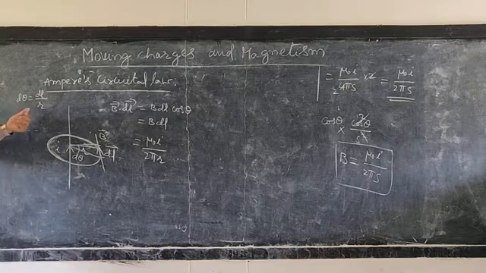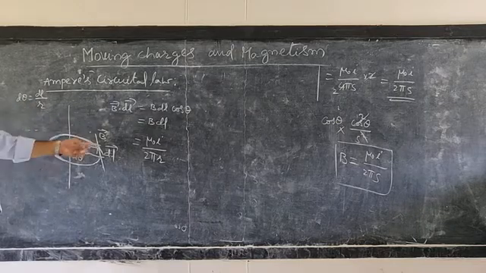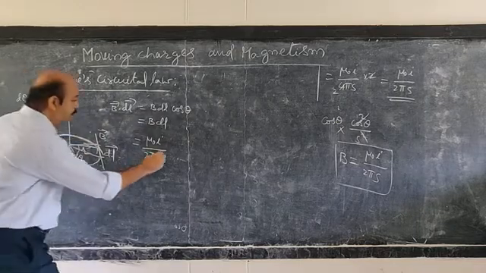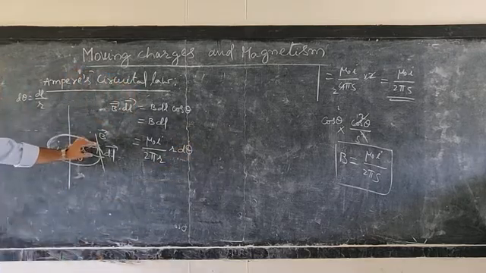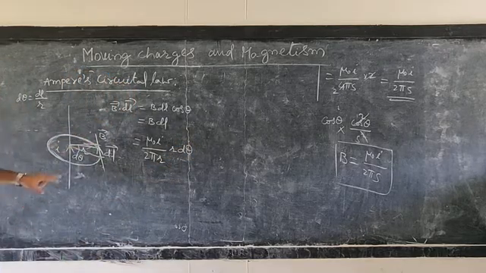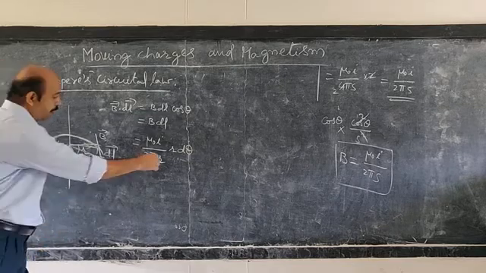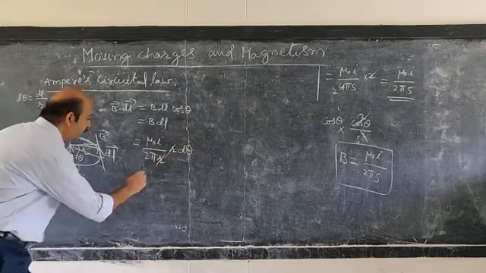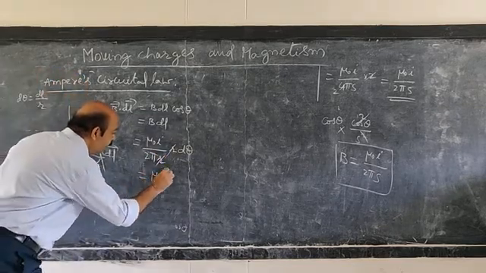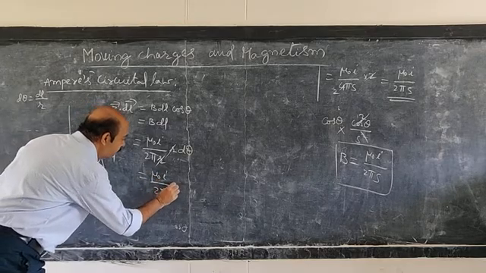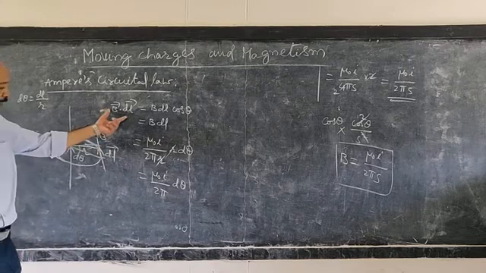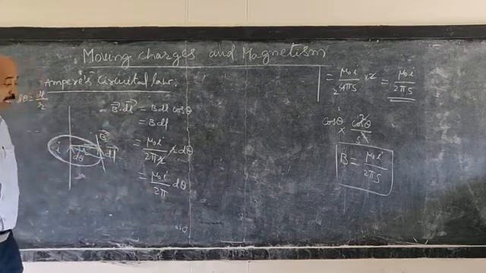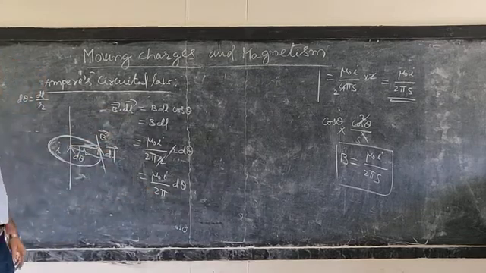From that relation we can write dl as r d theta, where d theta is the angle subtended by the elemental path at the center. So this r gets cancelled. What we get is mu naught I by 2 pi into d theta. So this dot product is not dependent upon the distance of the point you are considering.